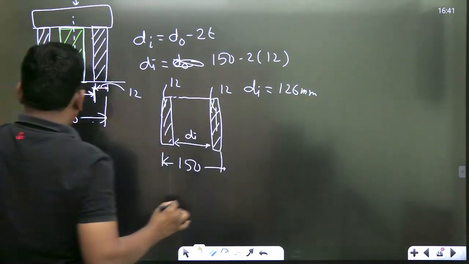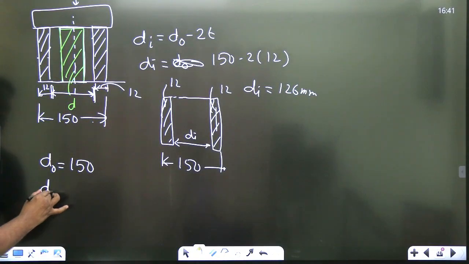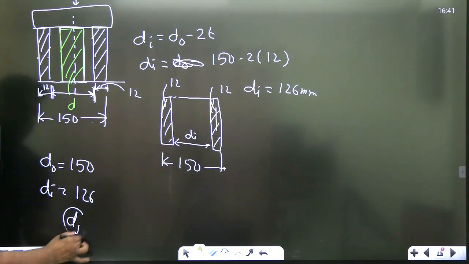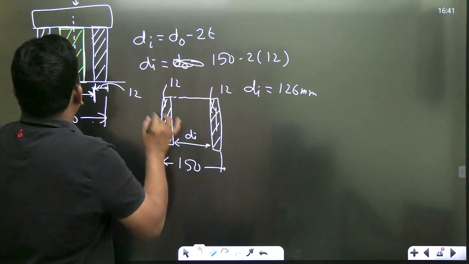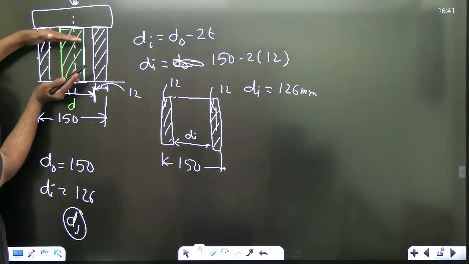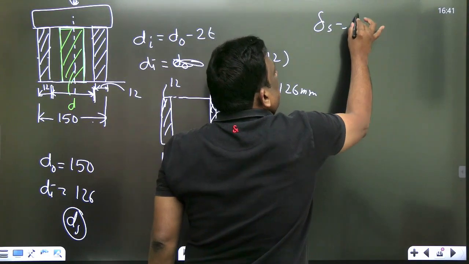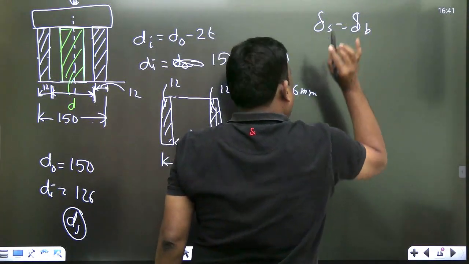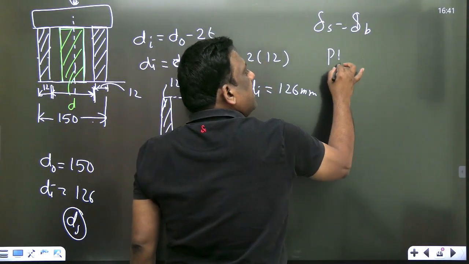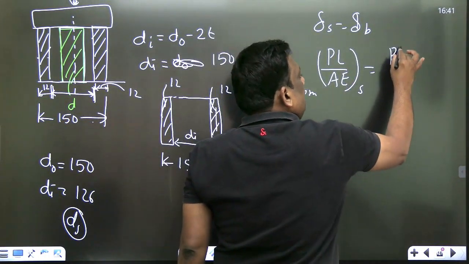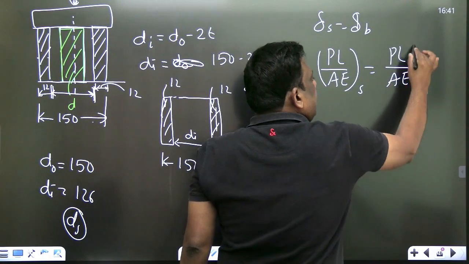Done, sir. Brass outer diameter is 150, brass inner diameter is 126, and steel diameter, let us say ds. So when there is a load applied, both deform to the same extent. It is a composite section. So deformation of steel is equal to deformation of brass. Very good. So deformation is PL by AE in steel must be equal to PL by AE in brass.